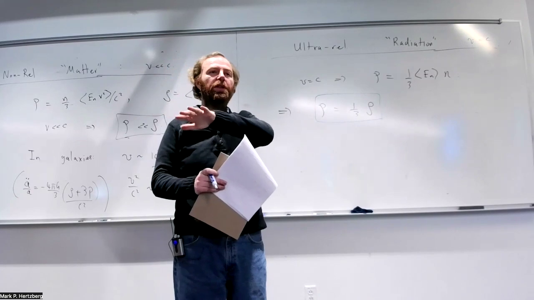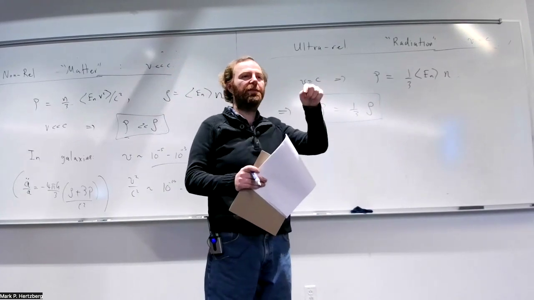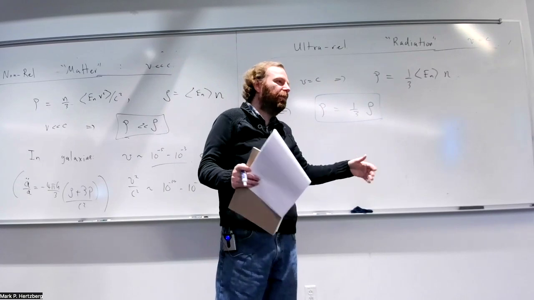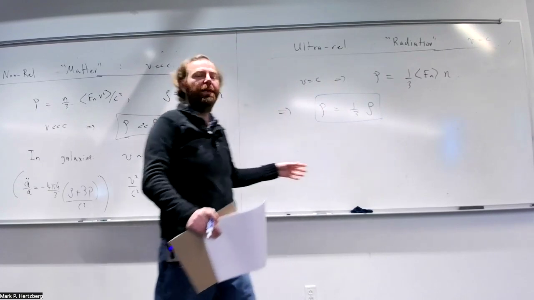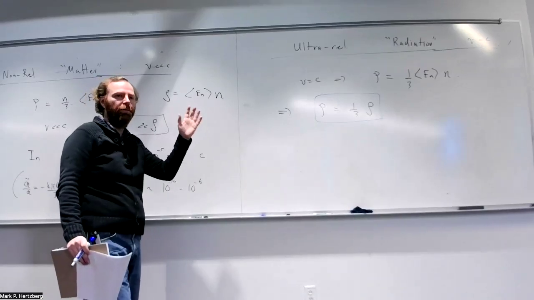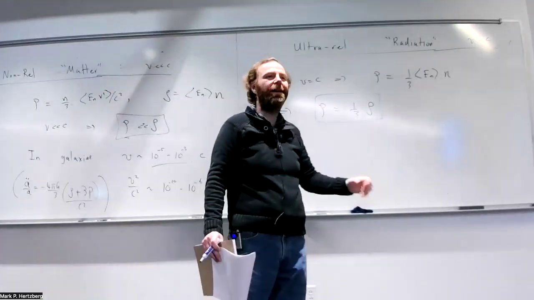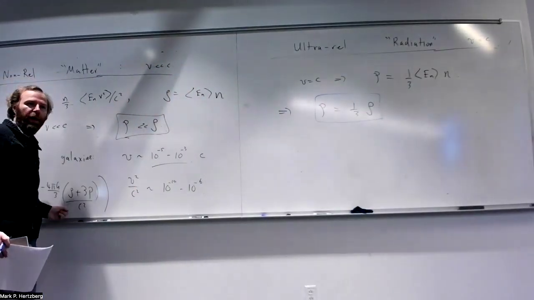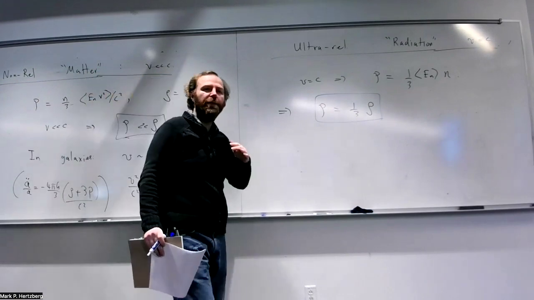And then there's a transition where they drop and then they start moving at speeds v that are much less than c. Even at v of 0.1 c, it's already pretty close to being irrelevant, because then you have to take 0.1 squared. We don't necessarily care about a 1% correction to this equation. And then for good reasons, as we'll explain, it just keeps on dropping.